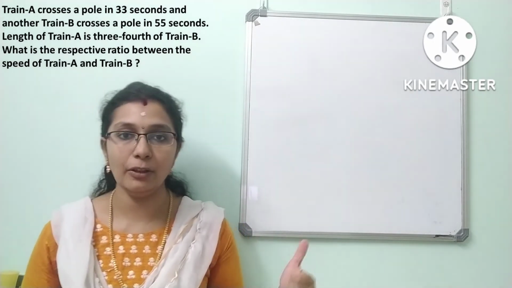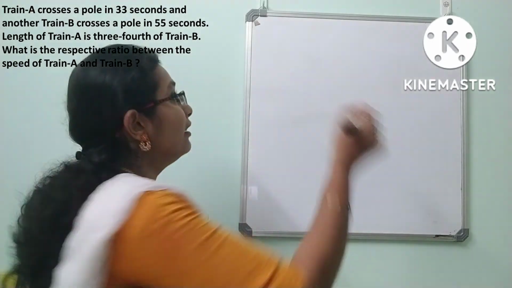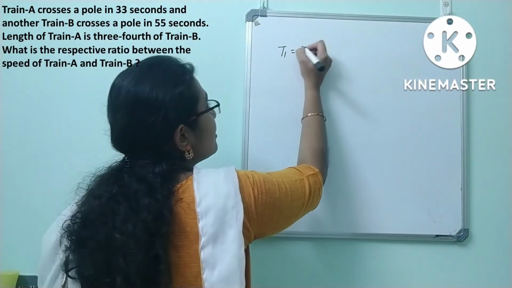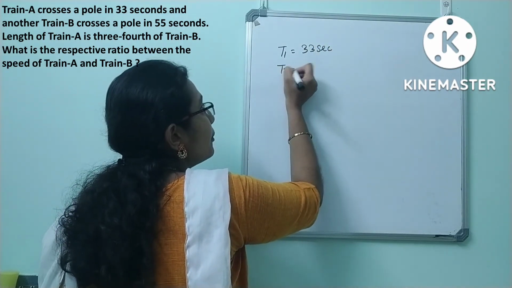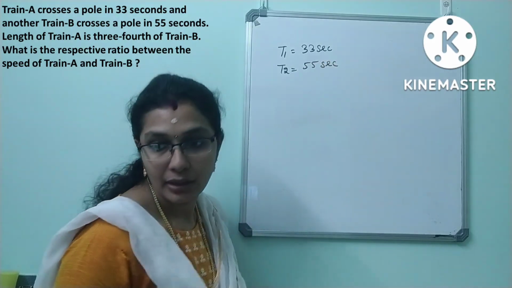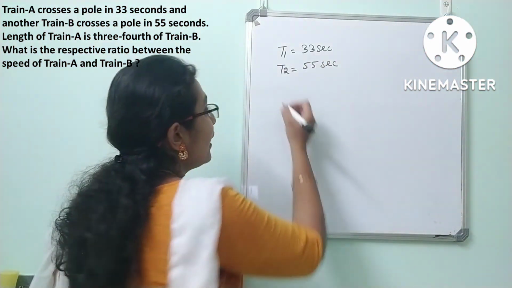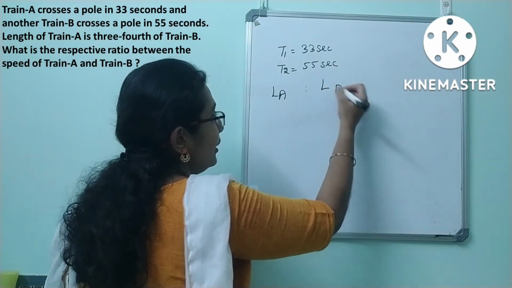So using the ratio method itself, we will proceed and find the answer very easily. Okay, so write down what all the data is given. They have given train A crosses a pole in 33 seconds. So time 1 is equal to 33 seconds. And train B crosses a pole in 55 seconds. Correct? Then the length of train A is to the length of train B. Okay?